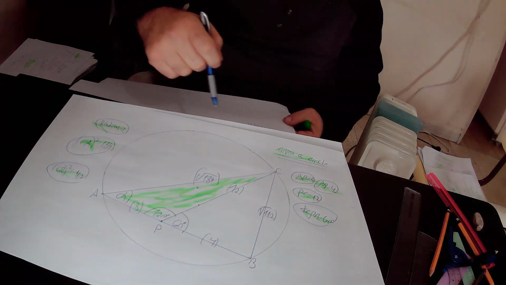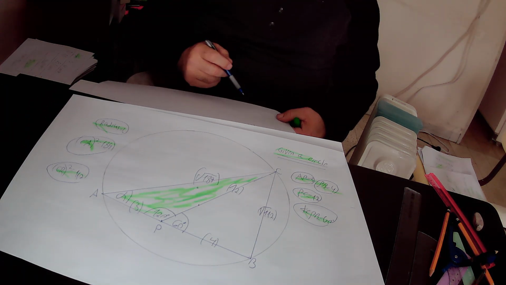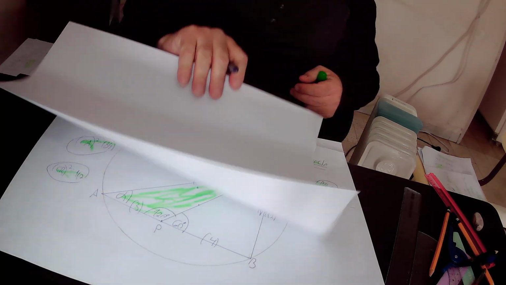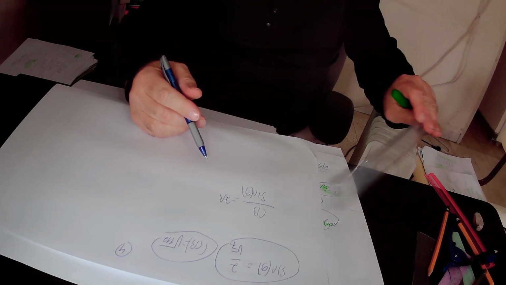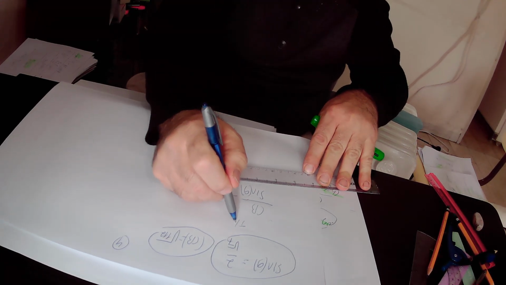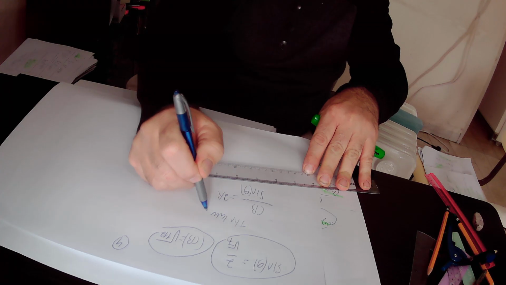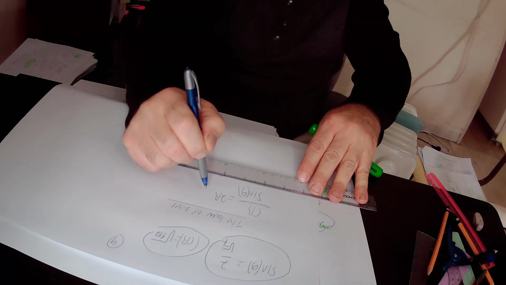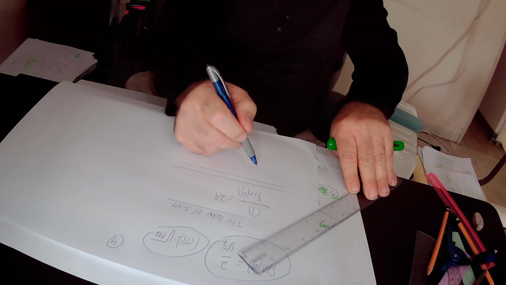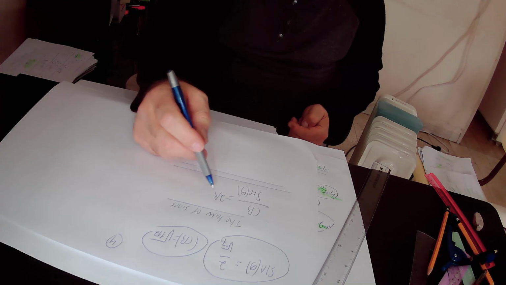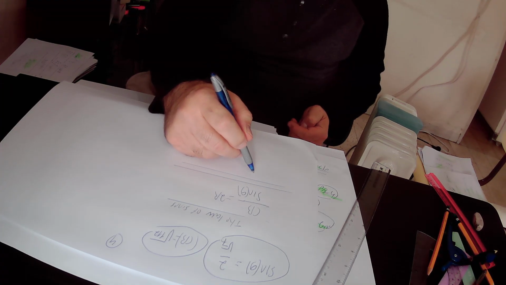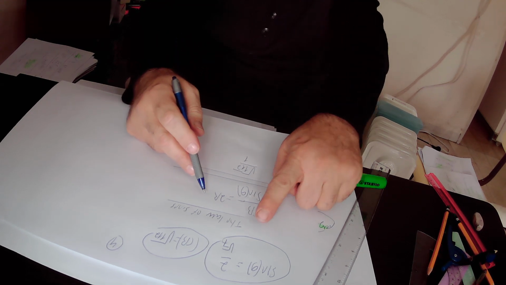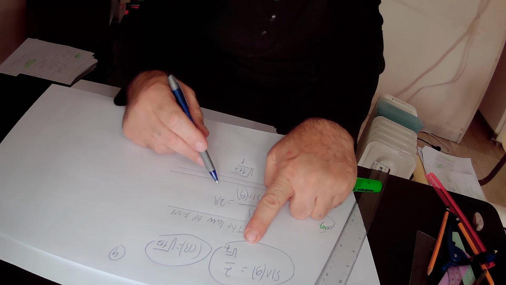And R is the radius of this circle that circumscribes triangle ABC. That is the radius that we are looking for in this question. So CB is equal to the square root of 112 units. It is then over sine alpha. Sine alpha equals 2 over square root of 7.